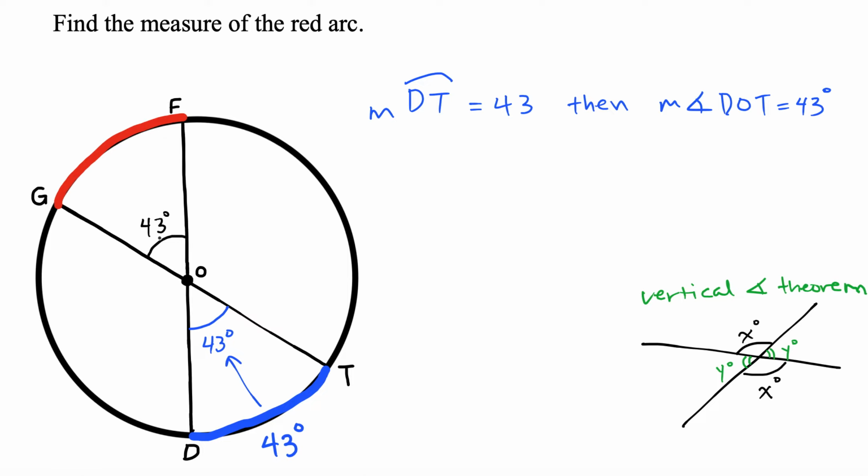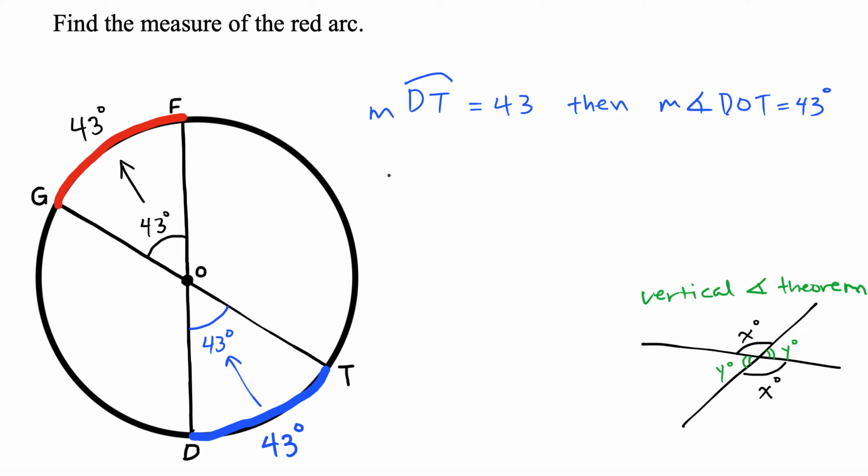And now that we have this central angle, we can figure out this arc, right? Whatever a central angle measurement is, it is going to be the same measurement as the corresponding arc. So this arc is also going to be 43 degrees.